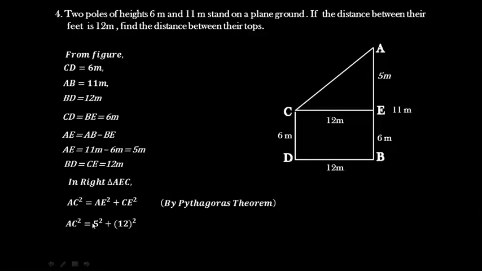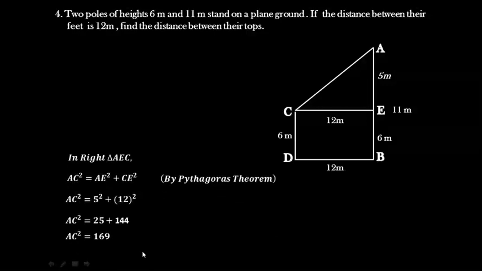So AC square is equal to AE, which is 5 meter, 5 square plus CE, which is 12 square. So AC square is equal to 5 fives are 25 plus 12 into 12 is 144. After adding 25 plus 144, I'll get 169.